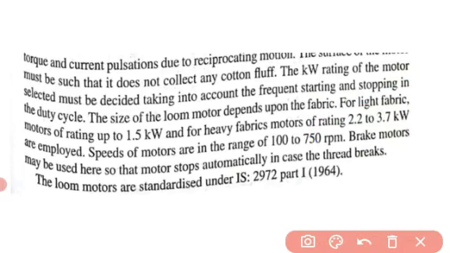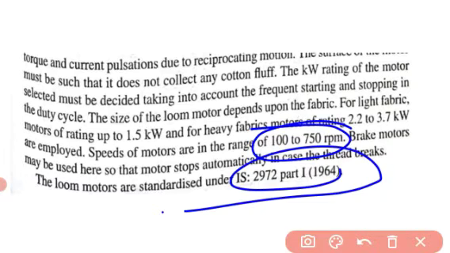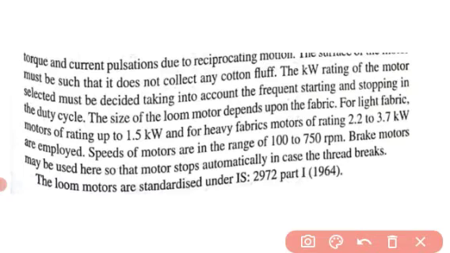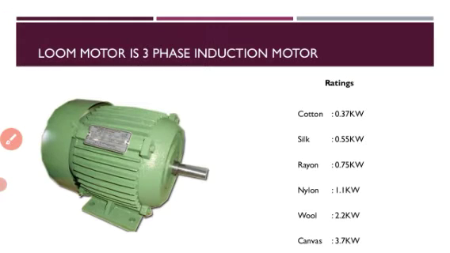The speed of the motors is in the range of 100 to 750 rpm. Loom motors are standardized under IS. A loom motor is a 3-phase induction motor with these ratings.